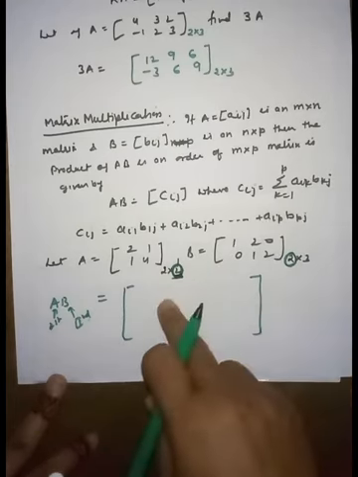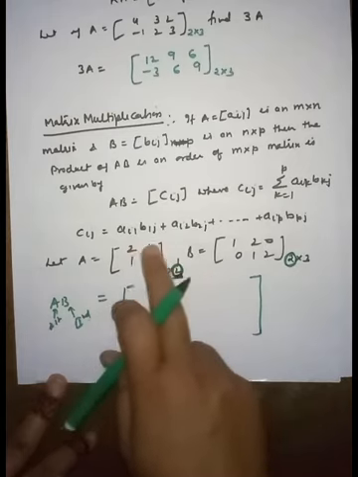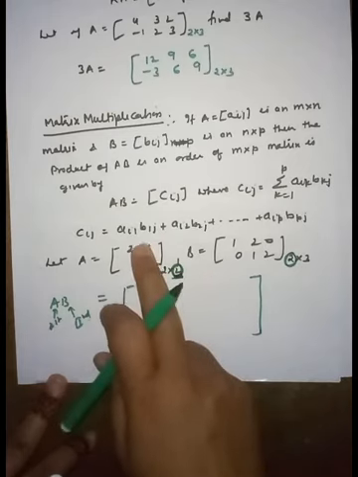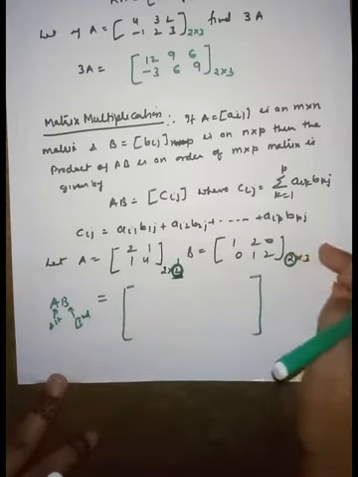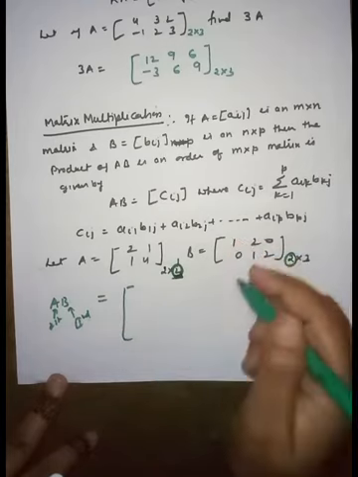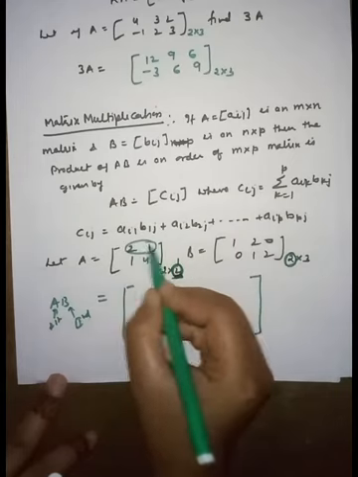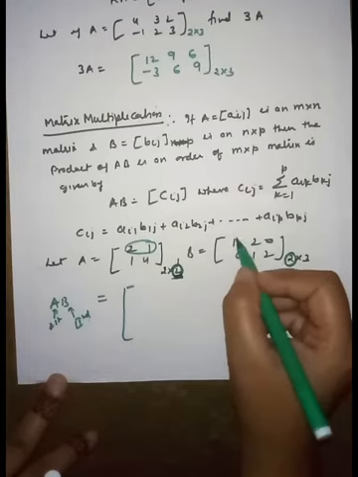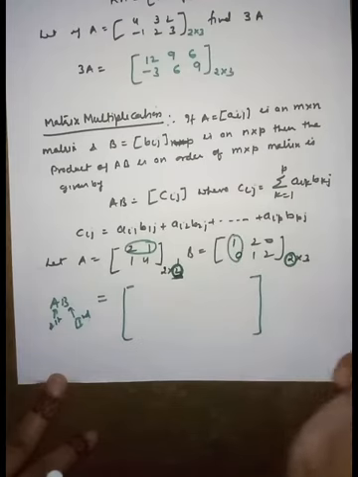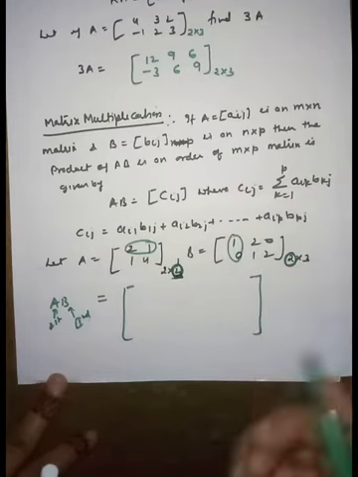Then multiply the first row in the first matrix by the first column in the second matrix, right? First row multiplied by the first column of the second matrix.